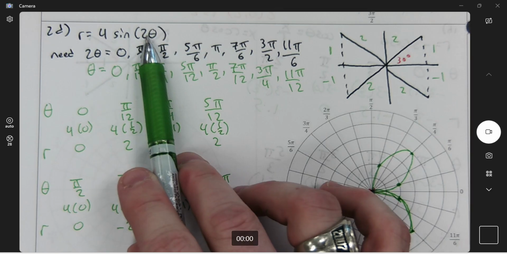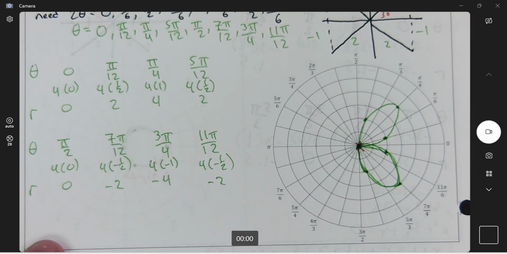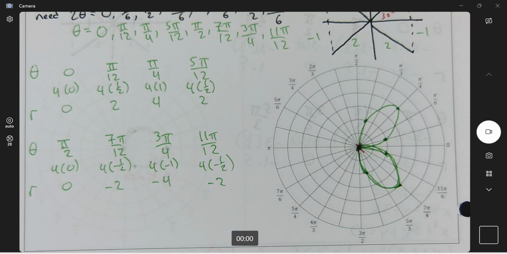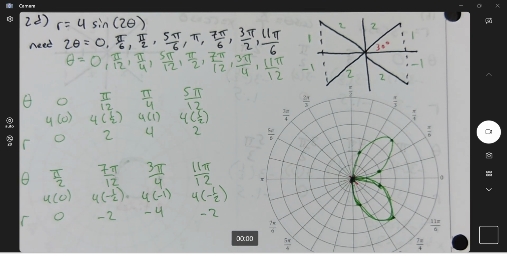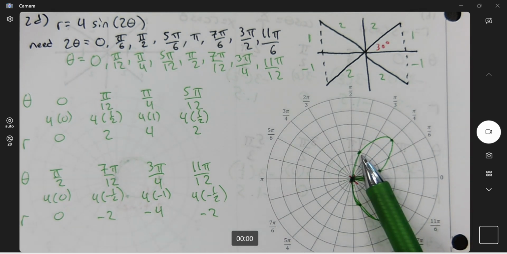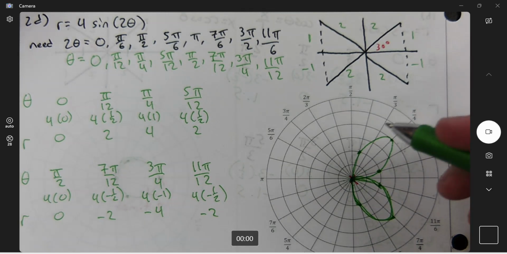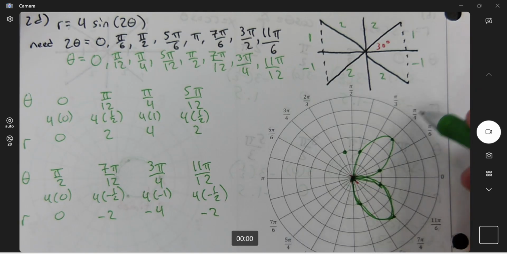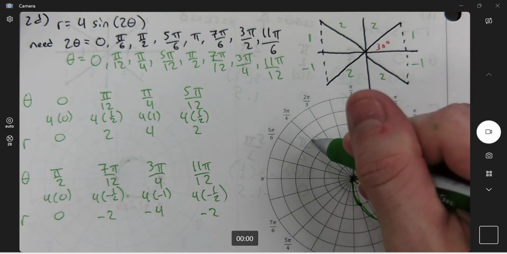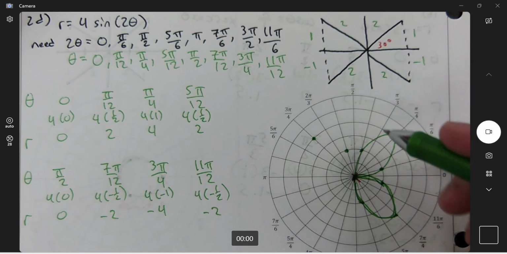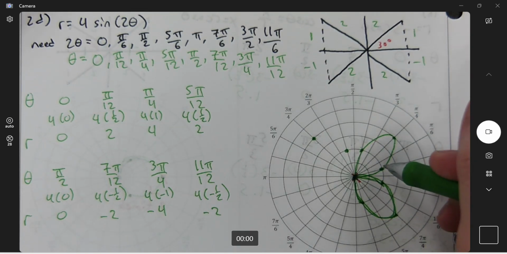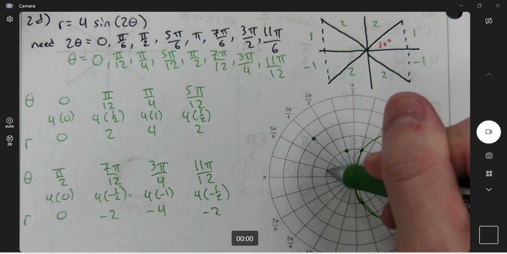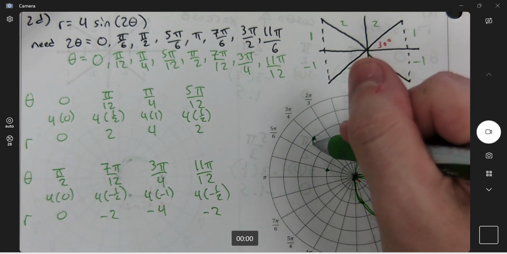Rather than do that, I would like to use symmetry ideas and say, because this is a sine polar graph, it has vertical axis symmetry. So every one of these points that I have on the right side of the vertical axis, I'll reflect over to the left side of the vertical axis. That means I've got a point here. That's this point. This one is at pi over 4 on this ring, so it's right there. This one's on the first spoke up, second ring. So I have this shape here.